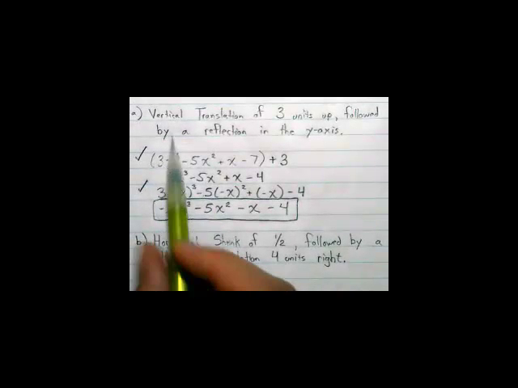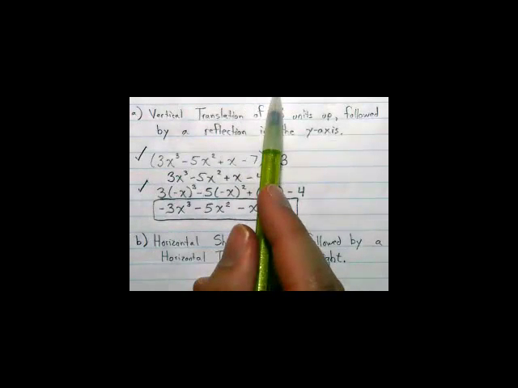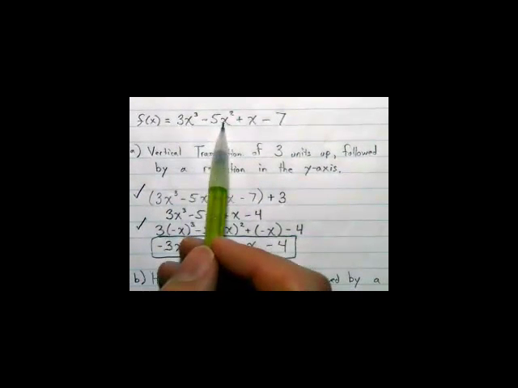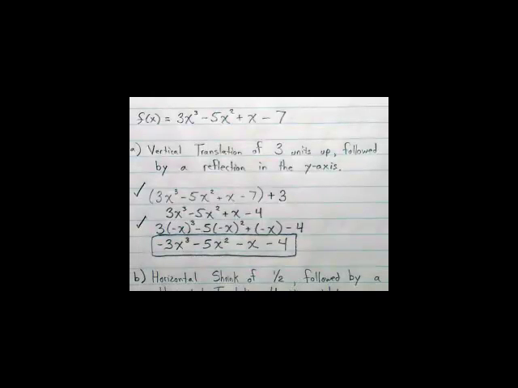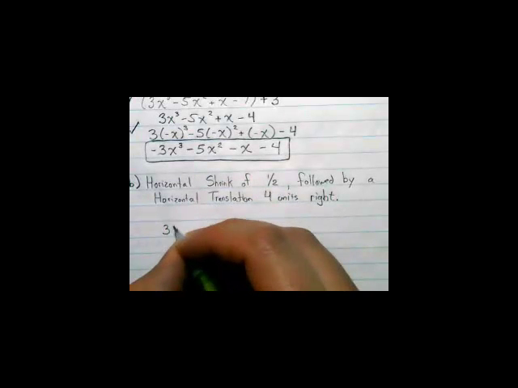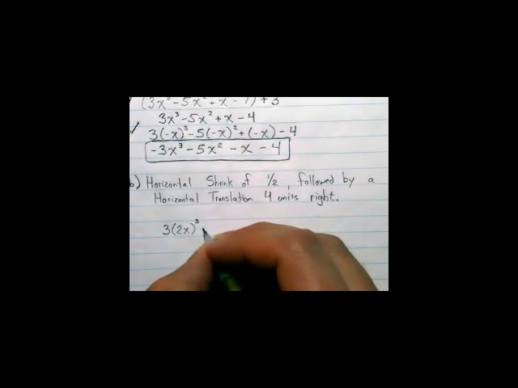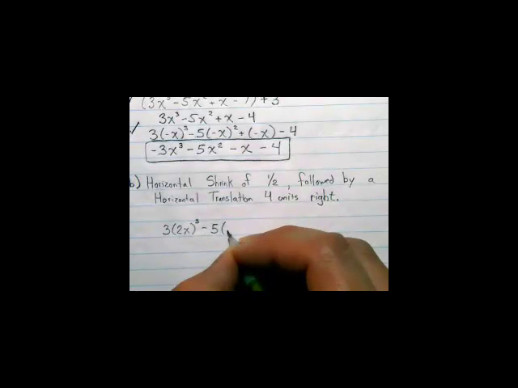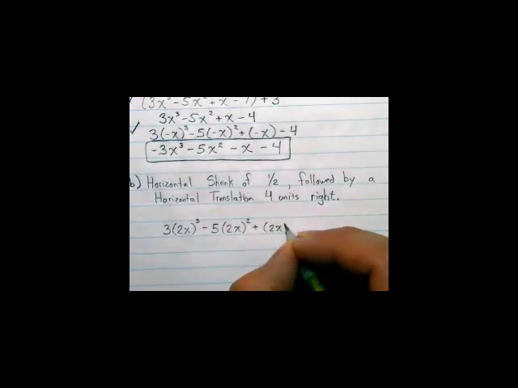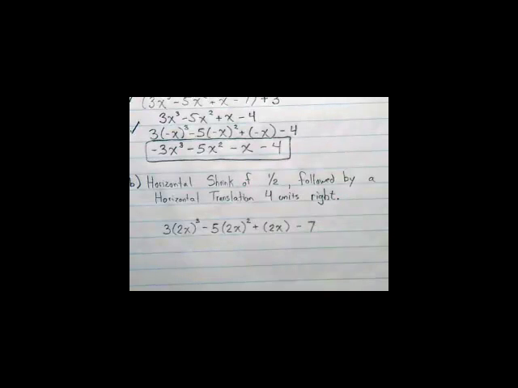So take a look at this original equation we got up here, okay? I'm going to take that guy, and everywhere I see an x, I'm just going to turn it into 2x. But make sure you're doing that whole little parenthesis on each one thing again, okay? So we're going to have 3 times 2x to the third minus 5 times 2x squared plus 2x minus 7.